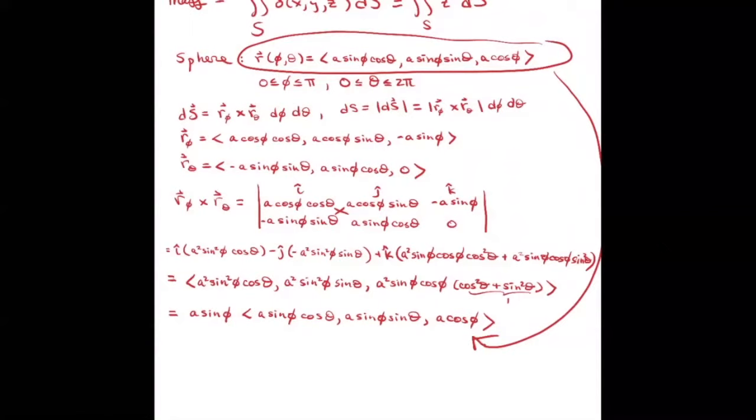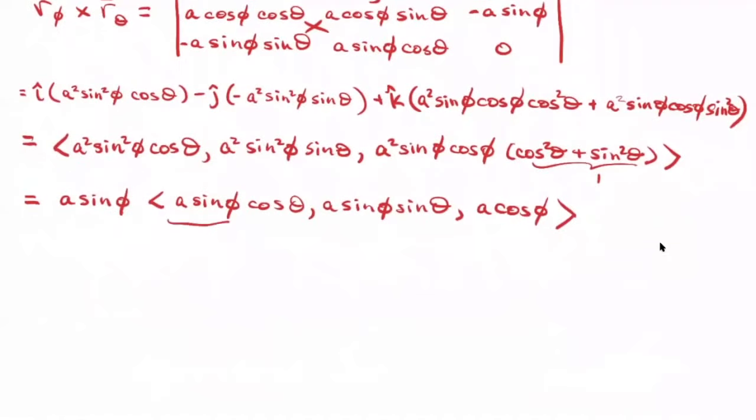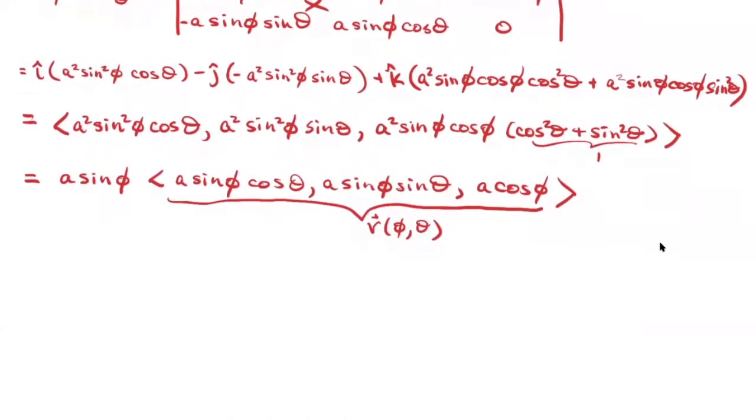So that's a position vector on the sphere. I might just back this up and say this right here is our r of phi comma theta. So this is a r sine phi.